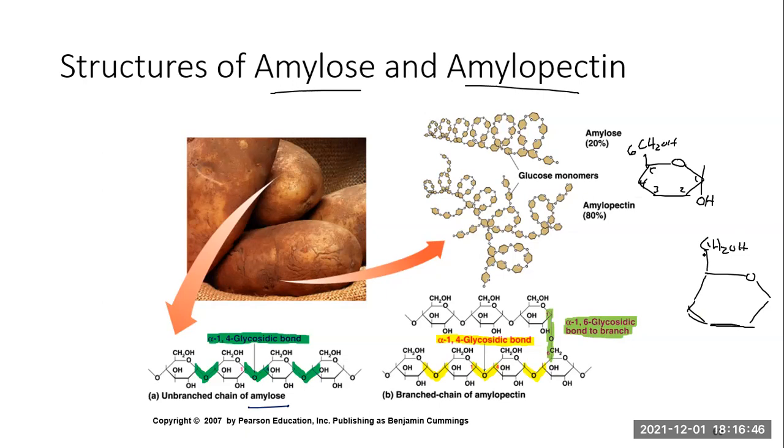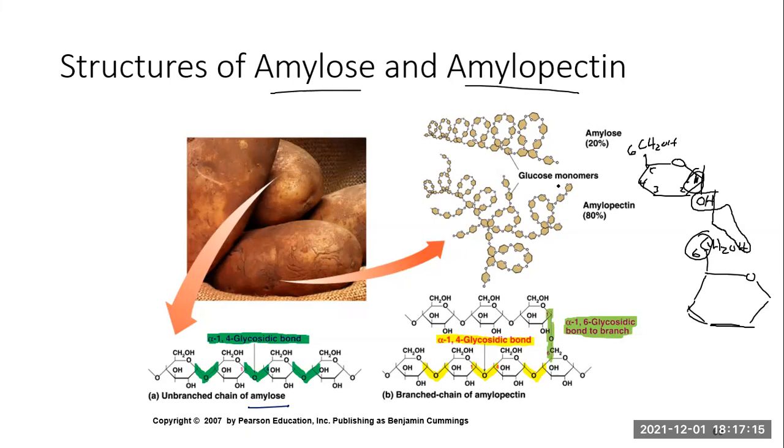Creatively drawn glucose, and that's carbon number 6. So here we're going to take out our water, H2O. We take out the water, and then we get that connection right here between carbon number 1 in this glucose and carbon number 6 in this one as well. So that's why it's referred to as an alpha 1,6 glycosidic bond.